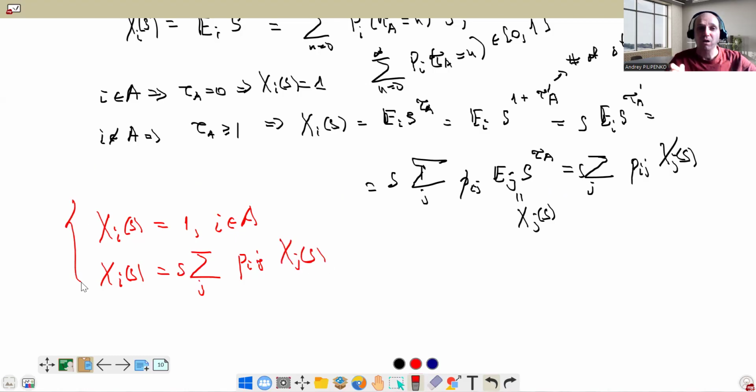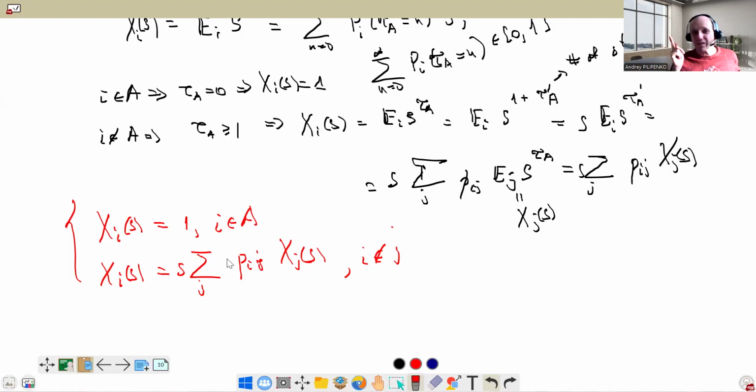And again, this is a system of linear equations. If the state space E is finite, then you can find xi explicitly. If you apply, for example, Cramer's formula for the solution, you may see that xi is a polynomial of s divided by a polynomial of s.